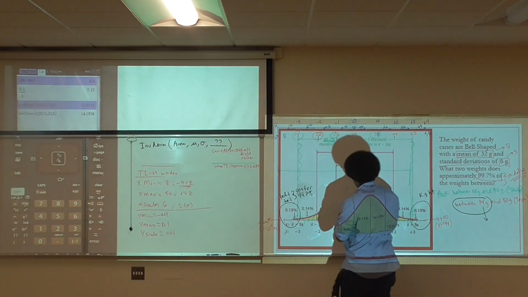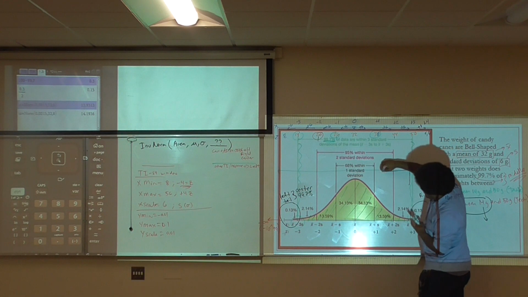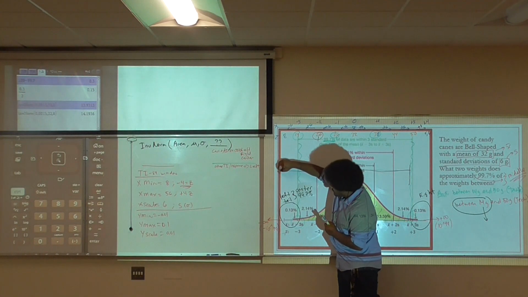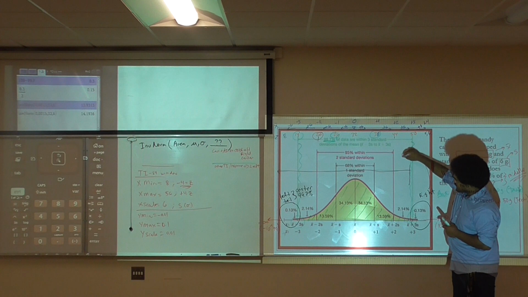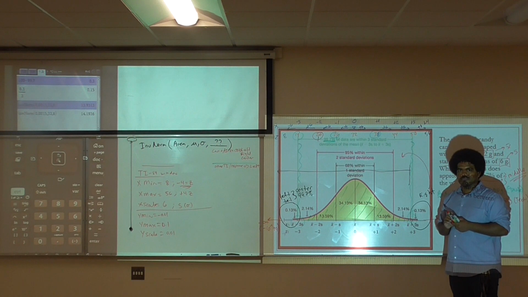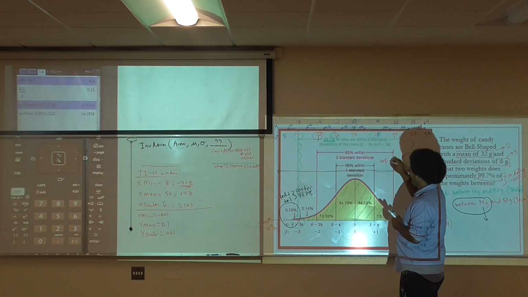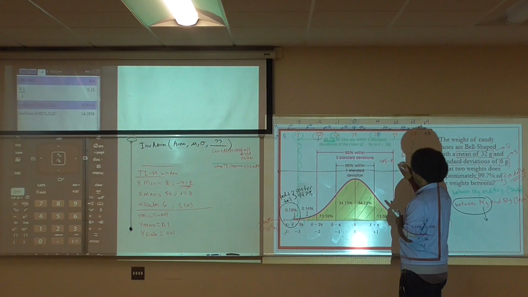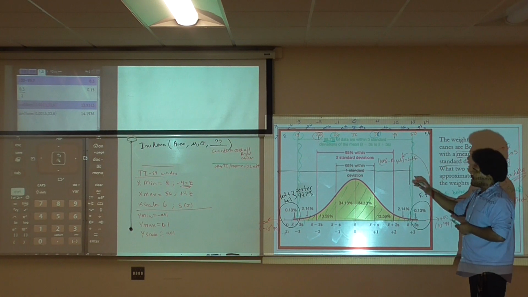So we get the area that corresponds with this right tail. That's all we're saying, and that's not bad. All we're doing here is we're getting 100, and I'm subtracting the right percentage from it. And this would equal my left. If we sum the two up, it should be the whole 100.